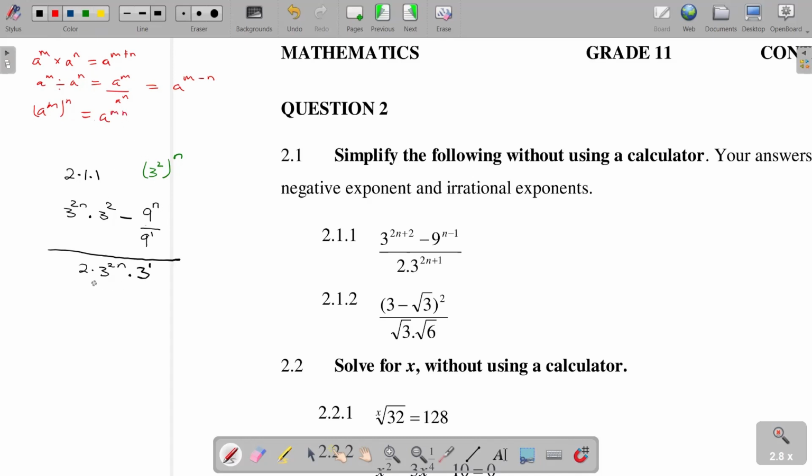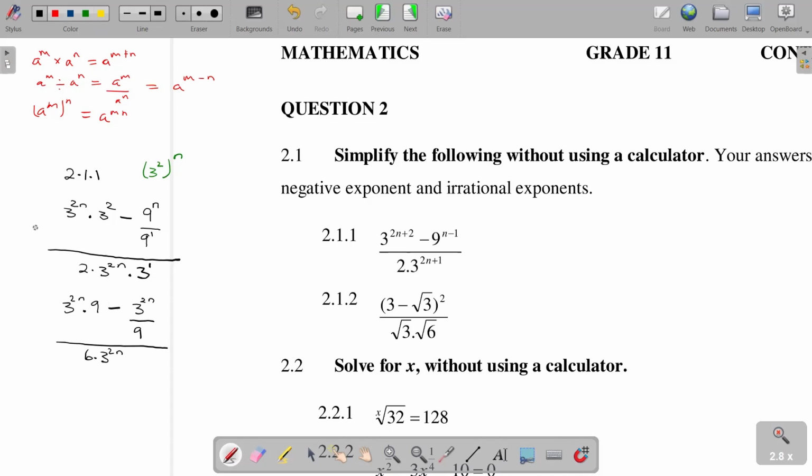Applying that law, we are left with 3 to the power 2n multiplied by 9, minus 3 to the power 2n, over 2 times 3, which is 6, multiplied by 3 to the power 2n.